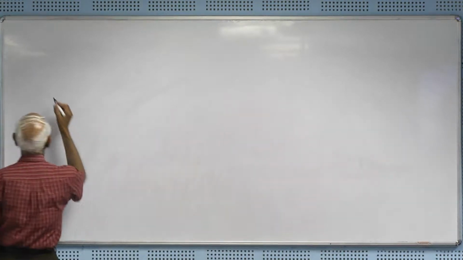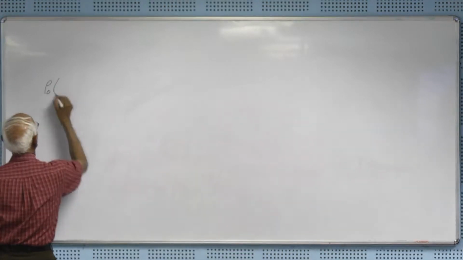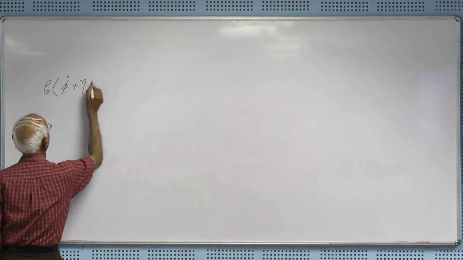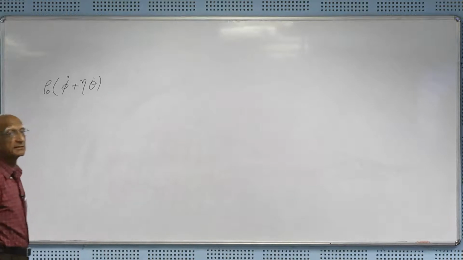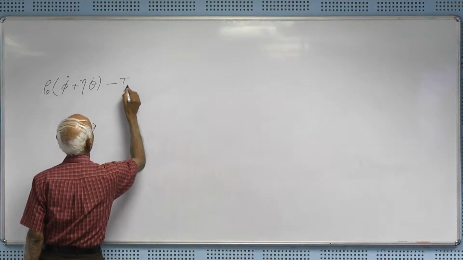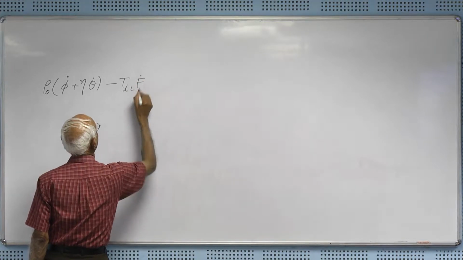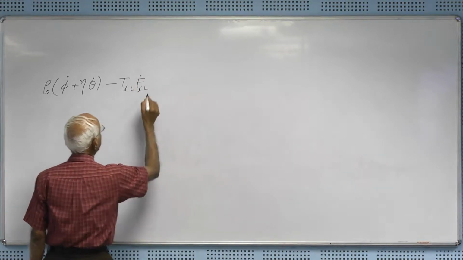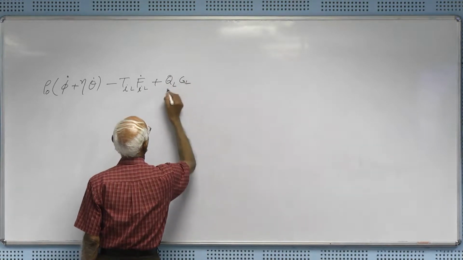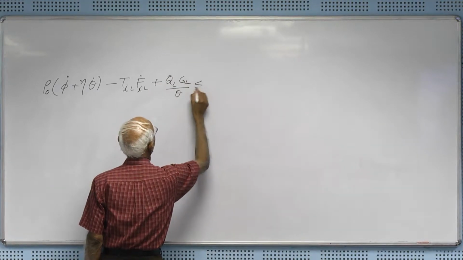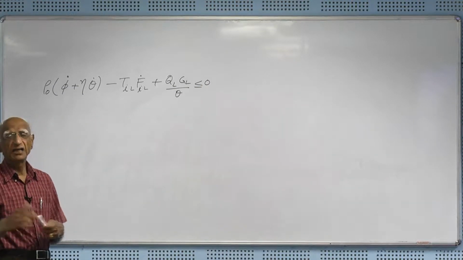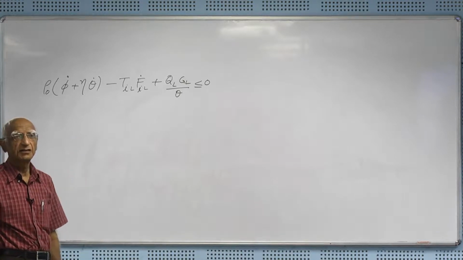So we had rho_0 (phi dot plus eta theta dot) minus T_iL F dot_iL plus Q_L G_L over theta less than or equal to 0. Please check if my recollection is okay.